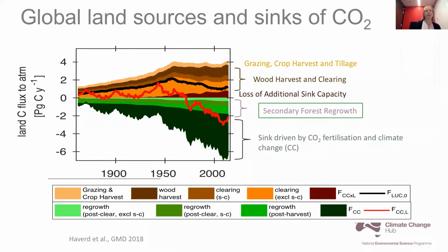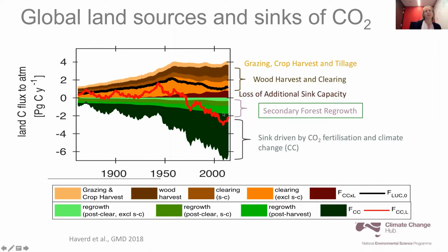Okay, so now I'm going to break down the land carbon sink in a bit more detail. This figure shows the breakdown of the global land carbon sink, but with the capability we have, we could produce this sort of analysis for any region of the globe. Again, similar to the global carbon budget figure, below the zero line we have sinks, and above the zero line we have sources.